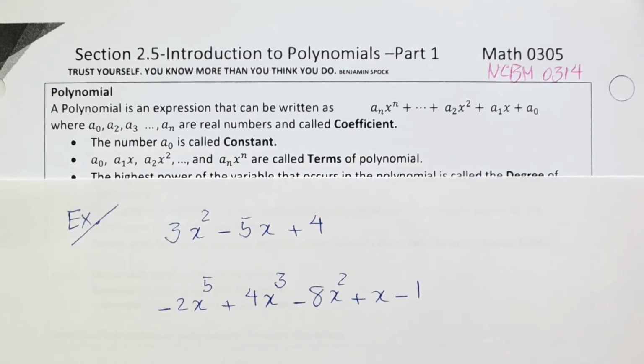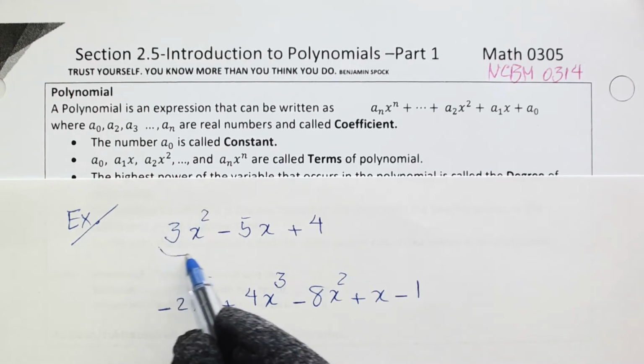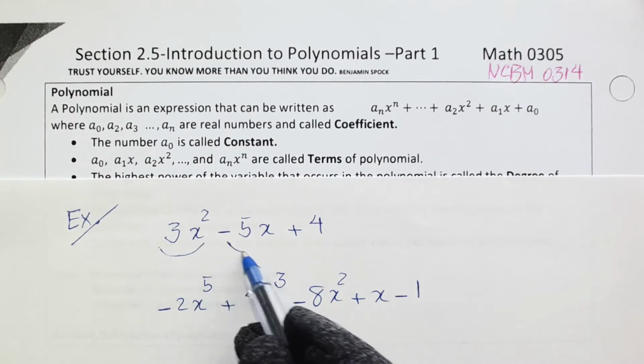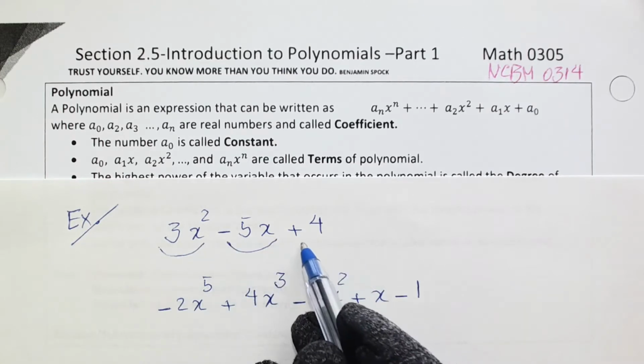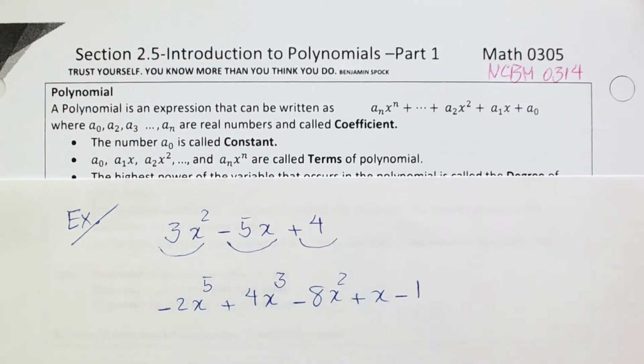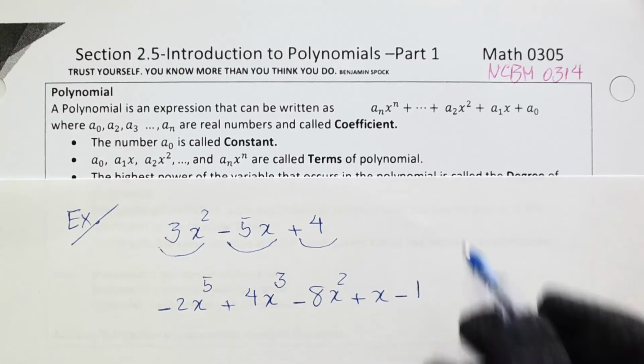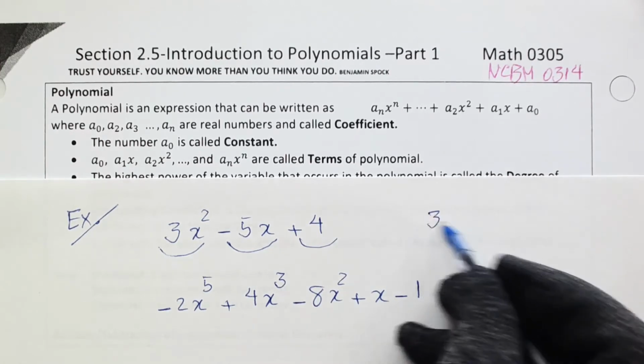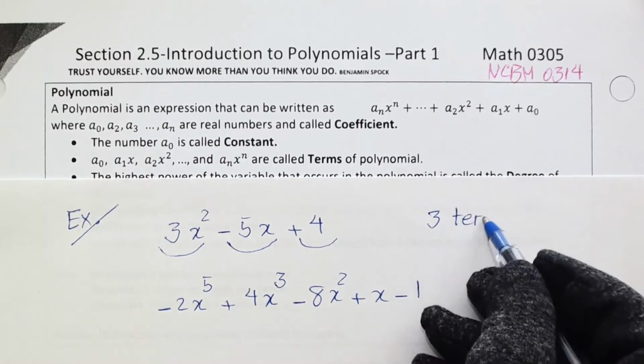Now, in any polynomial, those pieces that are separated by addition and subtraction, we call each of them a term. So here 3x squared is one term, negative 5x is another term, positive 4 is the third term. So this polynomial has 3 terms.